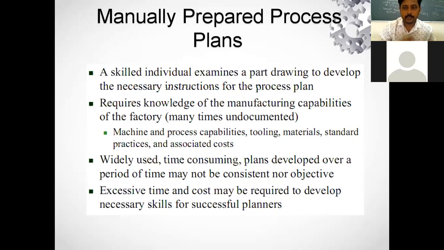Already I have told you that a person should have knowledge of manufacturing: whatever instruments we have, whatever machines we have, what type of human force we have, what type of environment we have, what kind of support from management we have. All these things must be considered while making a process plan manually, and this person is going to have this knowledge to design the process plan.